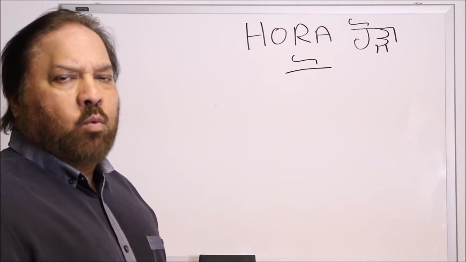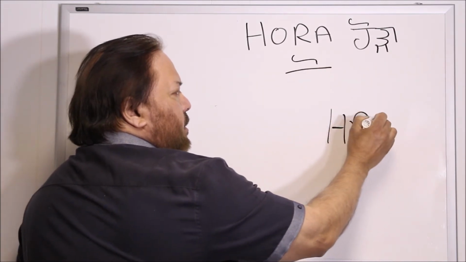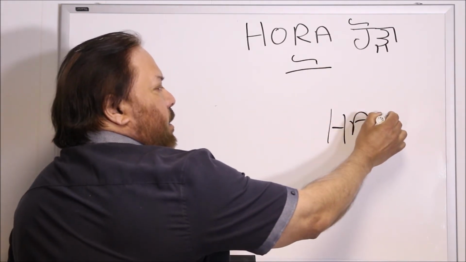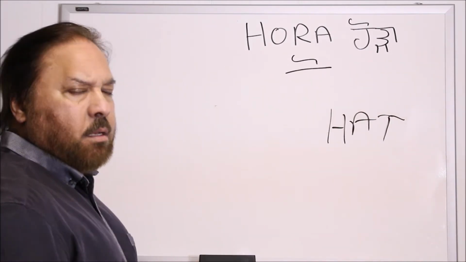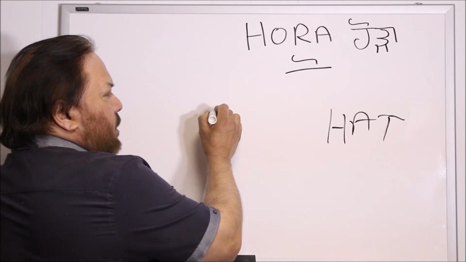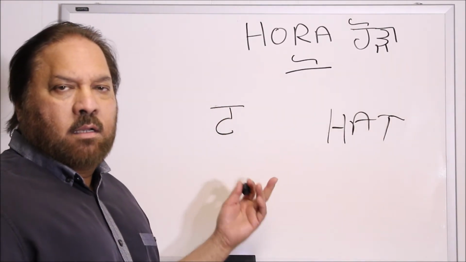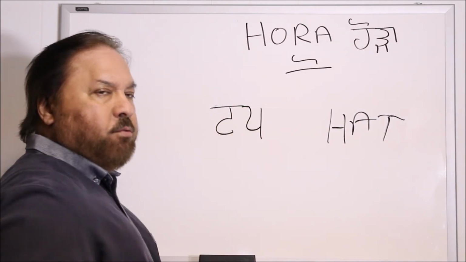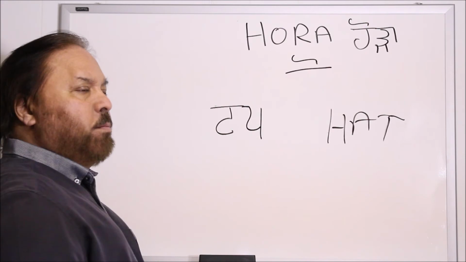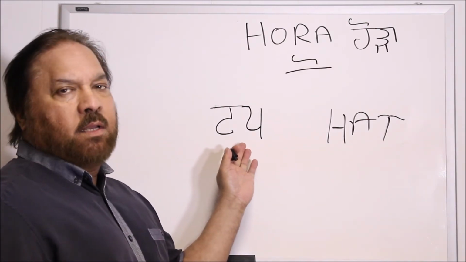And we can write something like a hat. We call a hat a topi in the Punjabi language. So Tanka for T, and Papa for P. You remember Tanka, Papa, it will say something like top.